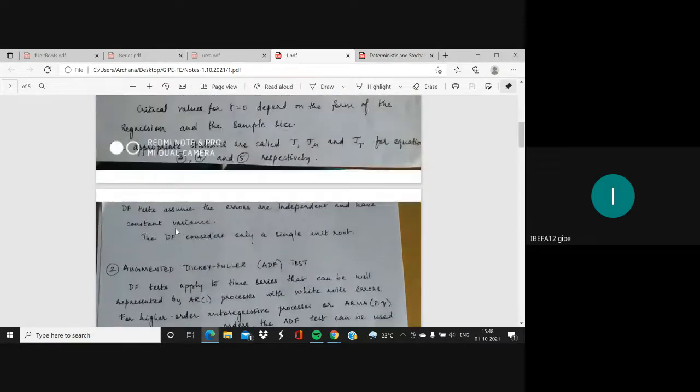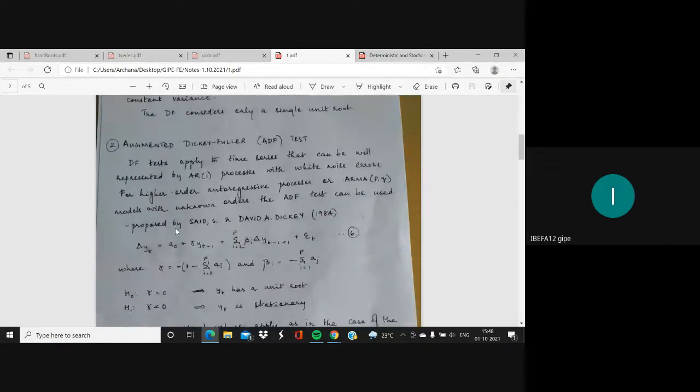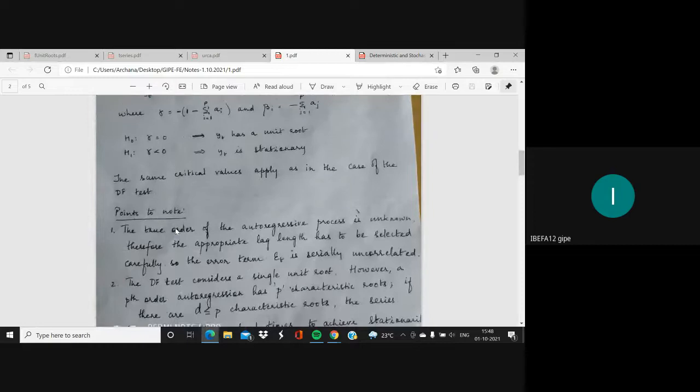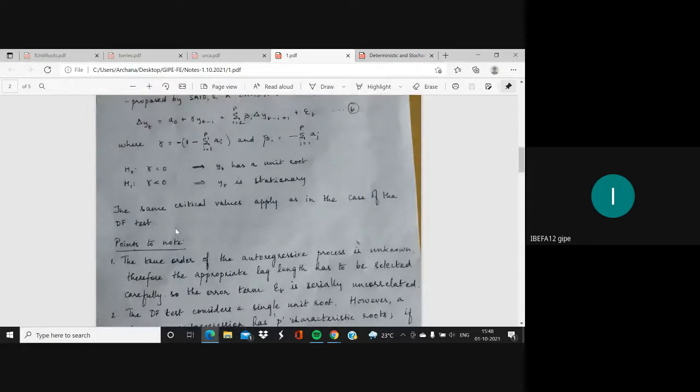So you'll be using the same set of critical values which Dickey and Fuller generated using simulation methods. Now this Dickey-Fuller distribution is slightly left skewed. So you'll find that there are in general more negative values compared to positive values. Compared to the t distribution itself, it's slightly more left skewed.